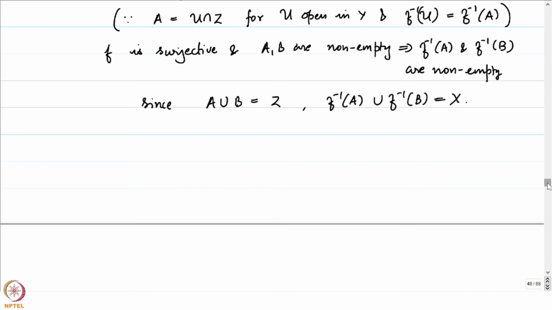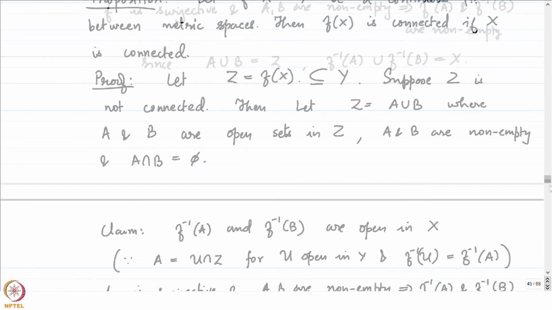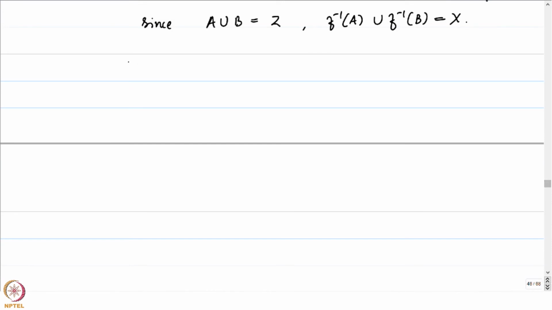So if we start off with a separation A, B of Z, then we end up with a separation of X. But we started off with X, which is connected. This is the assumption in the hypothesis, right? This is a contradiction. Also let me just note this. Hence X is not connected.